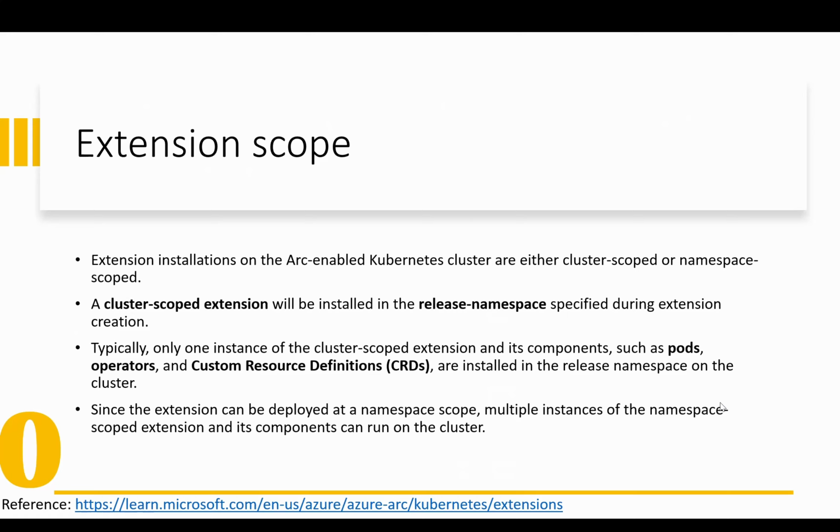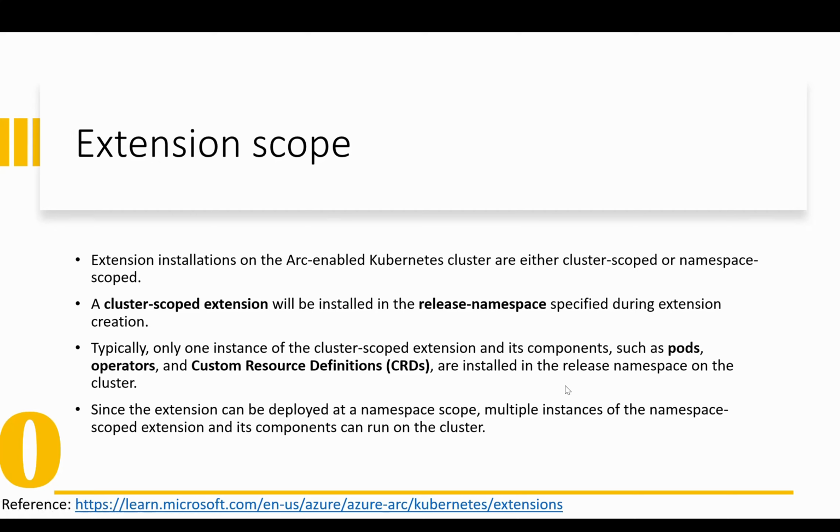If you deploy an extension or operator at the Kubernetes cluster scope, then, as I mentioned here, only one instance of this extension will be installed for the whole cluster, and all the namespaces can use it. The pods, operator, and CRDs are created only once.